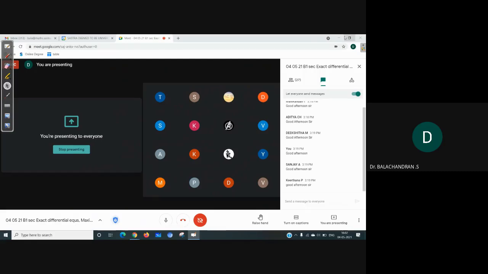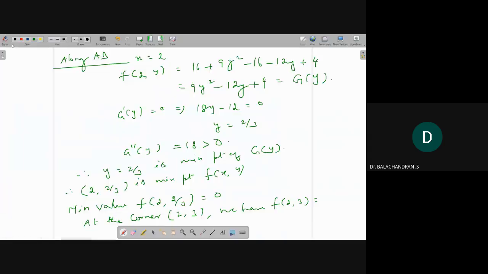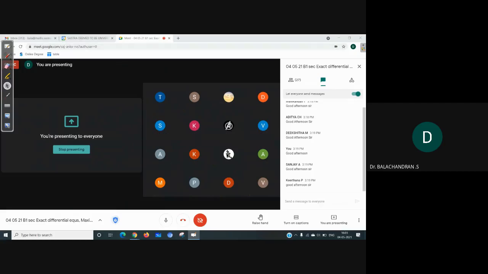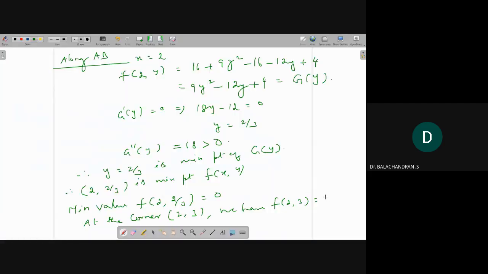Similarly, somebody try along BC, somebody will try along CO, so we can quickly finish the problem. So I need f of 2 comma 3. 49, sir. Okay, thank you. 49.